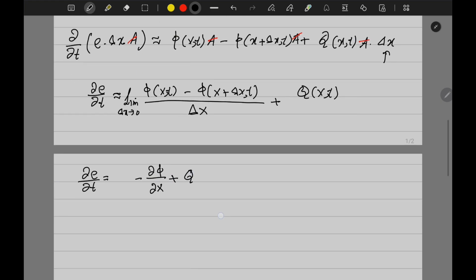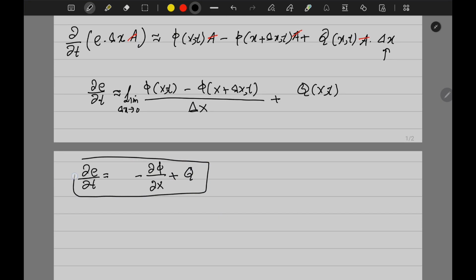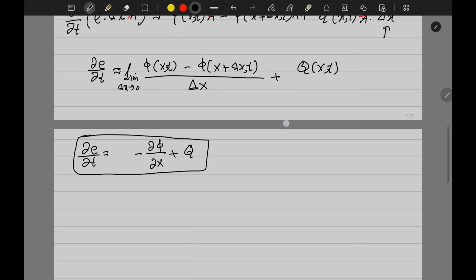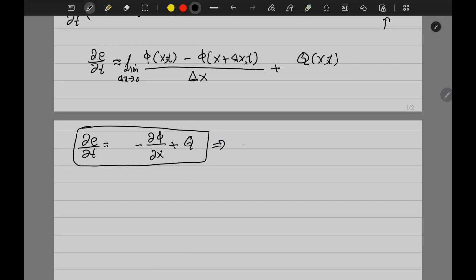So this is the heat conservation equation. We can derive the same equation by using the integral method, the integral conservation law. That is more fundamental, but we'll stick to the method that we have used. So this is another important equation which we use later.